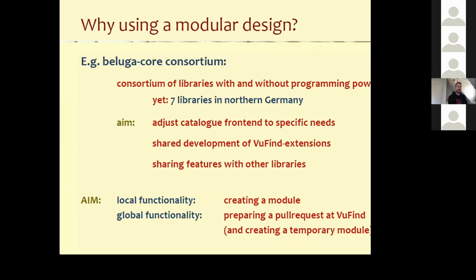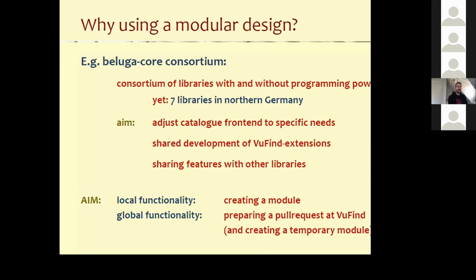And why are we using a modular design in doing it? We have decided to do that in a modular way because we are developing in a consortium of 7 libraries in northern Germany, some of them with and some of them without programming powers.